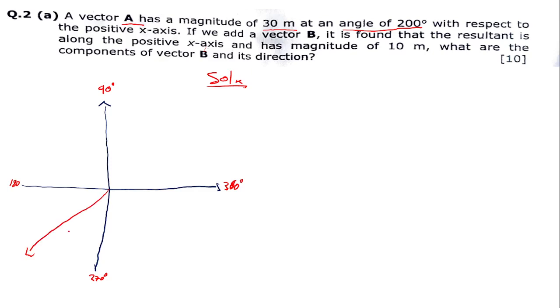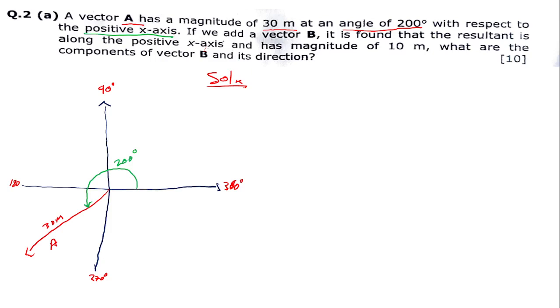So this is the vector A, and vector A has a magnitude of 30 meters. The angle of vector A is 200 degrees from the positive x-axis, which is simply the direction.